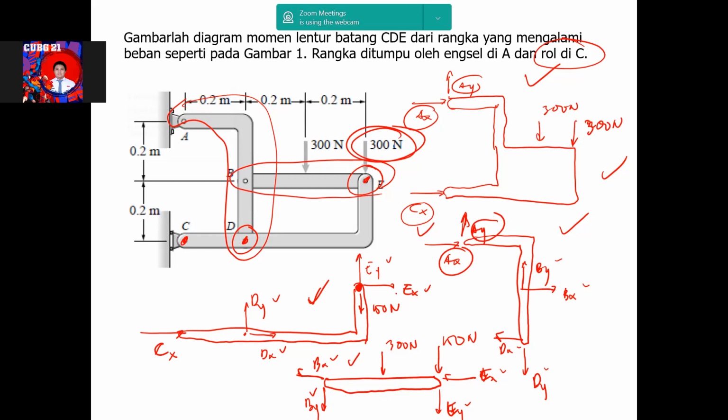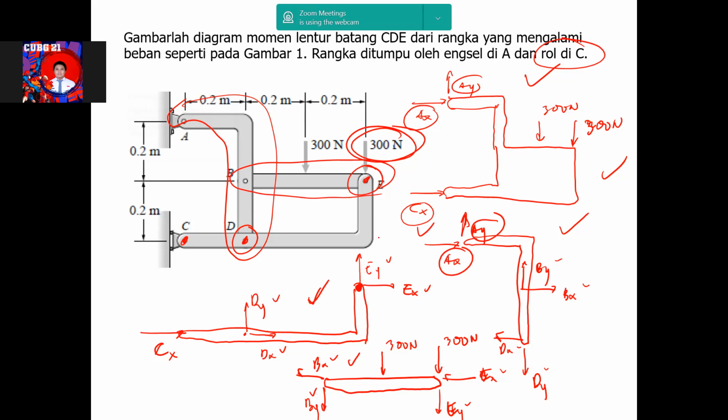Okay, for me personally, I will choose this one. So all the forces happening at pin E, but at member PE. So there is no force here. But later, that 300 Newton will be there in our EY. So that's the difference there.